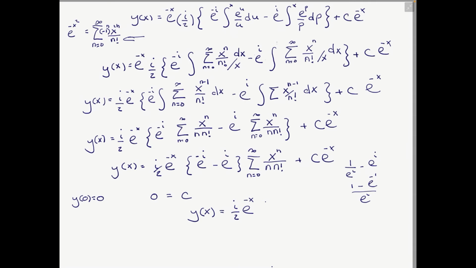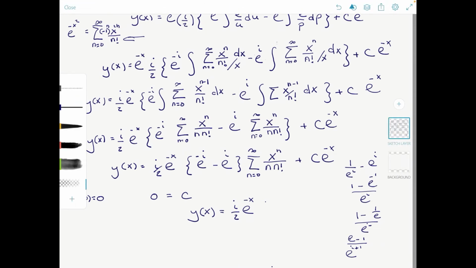So that becomes 1 minus 1 on e to the i. That's e minus 1 on e to the i plus 1. I don't know if that's any simpler than what we've got before, so I'm not going to waste time with it necessarily.